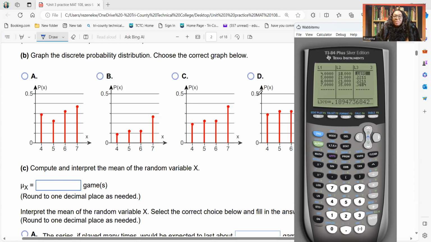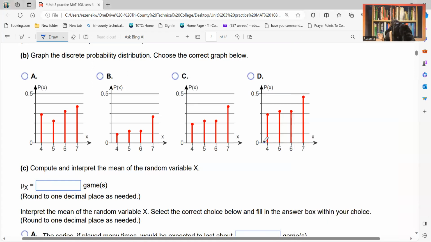So now probabilities are on the y-axis because that's why it's called probability distribution. If it is a frequency distribution, frequency is in y. If it's a probability distribution, probability is in y. All right. So now you know that the highest probability is 0.4. You can put 0.5 there.